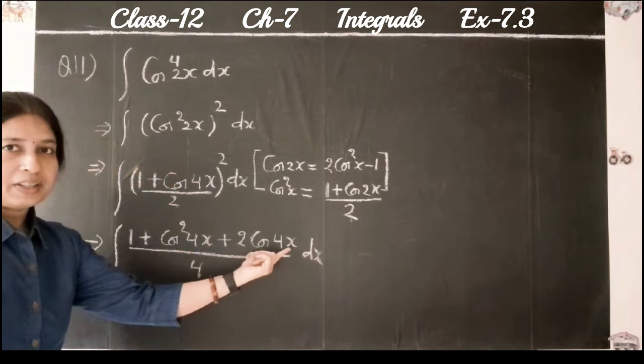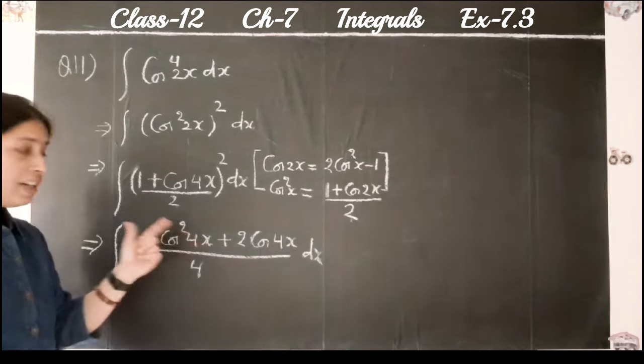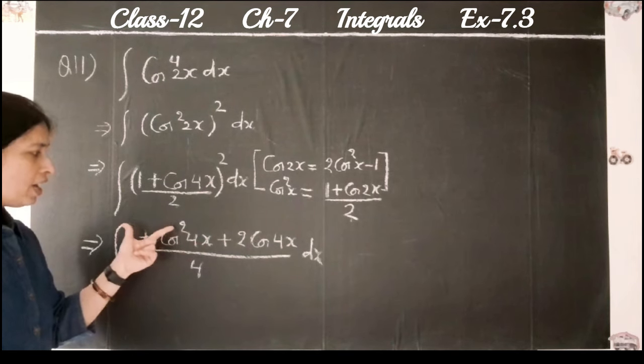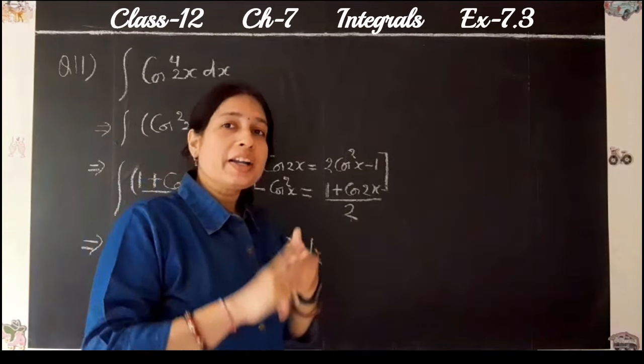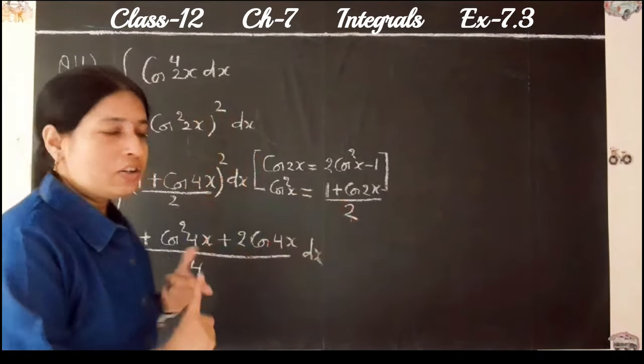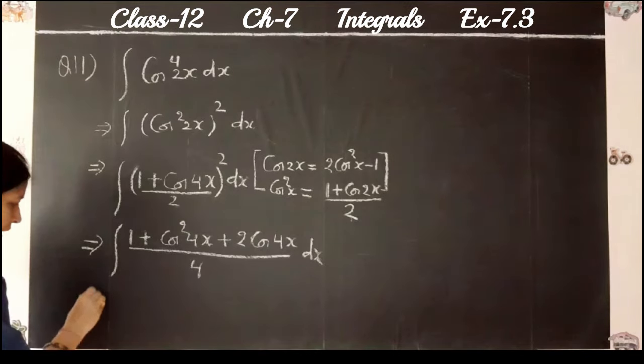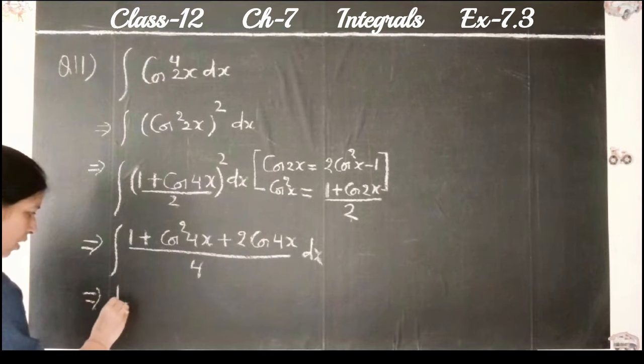Here power is not given, but here again it is given cos square 4x. It is again the cos square x form, so again we have to use this identity. So write 1 by 4 outside.